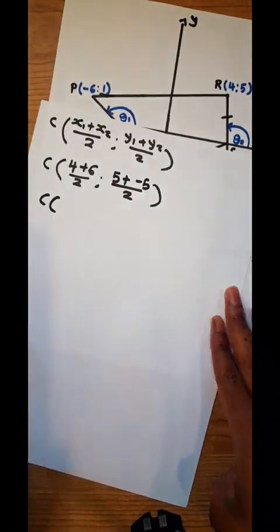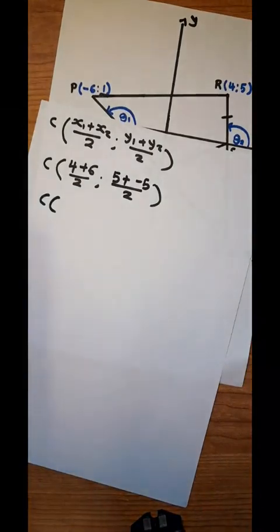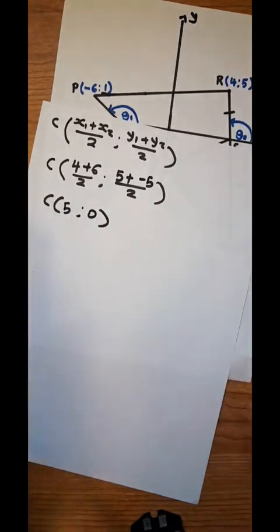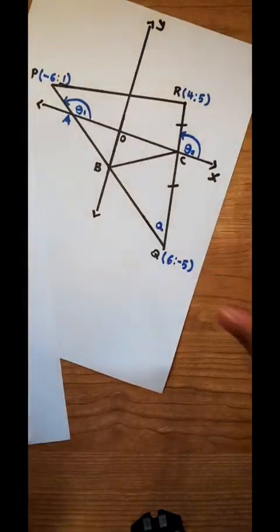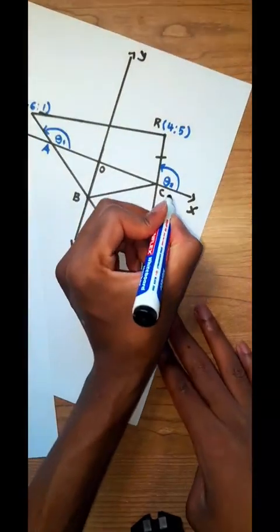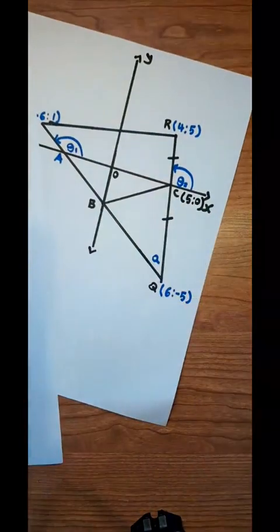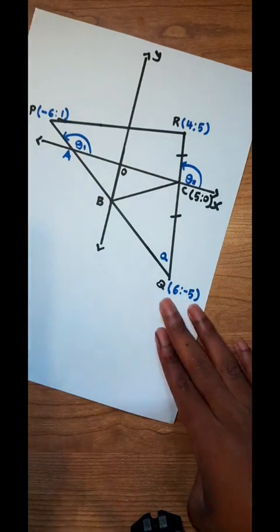So we can quickly see that 4 plus 6 divided by 2 gives us 5, and the y part gives us 0, right? So the coordinates of C are 5 and 0. You need to put that information down because you never know what it is going to be used for in the next question.